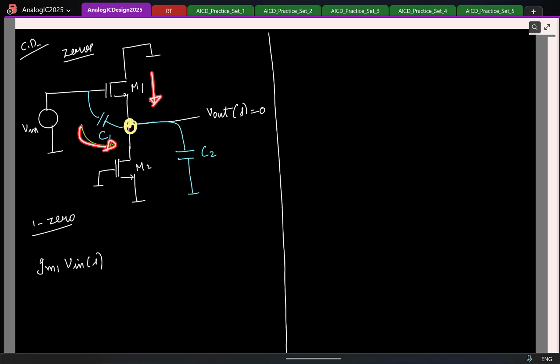What is the current through C1? V in of S times S C, and this sum should be equal to 0. I very well know my V in of S is non-zero.